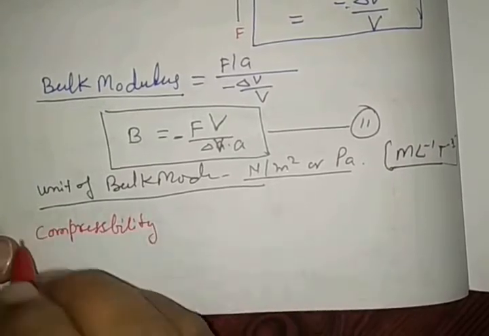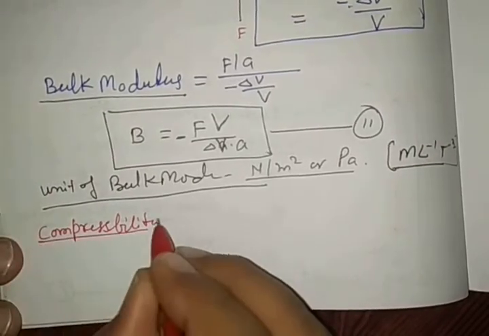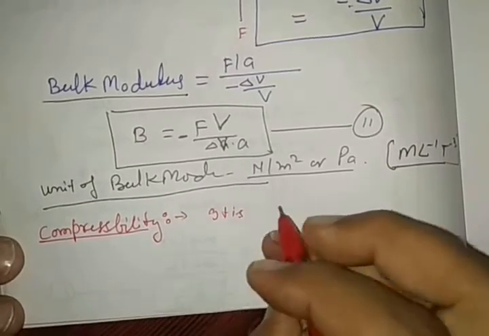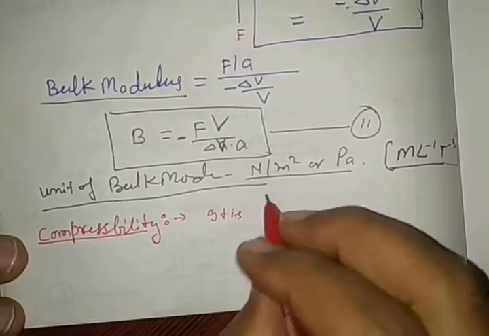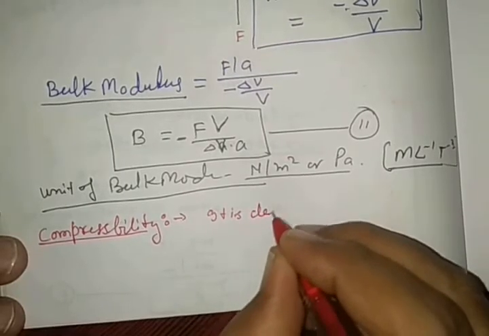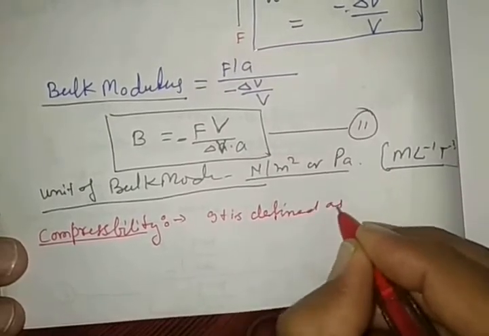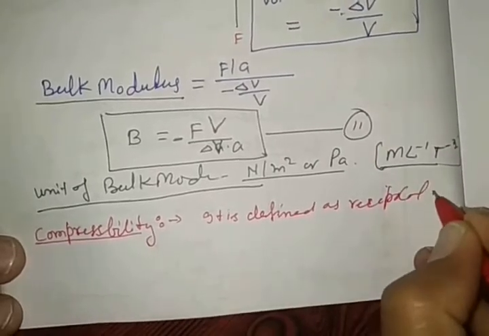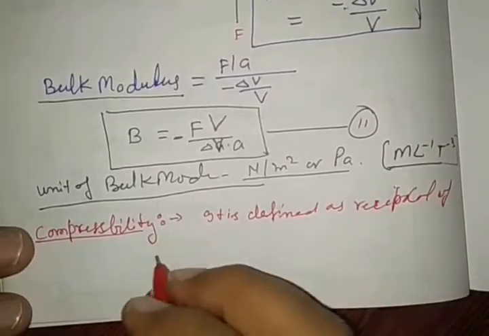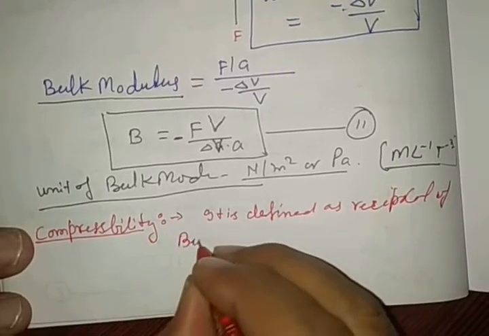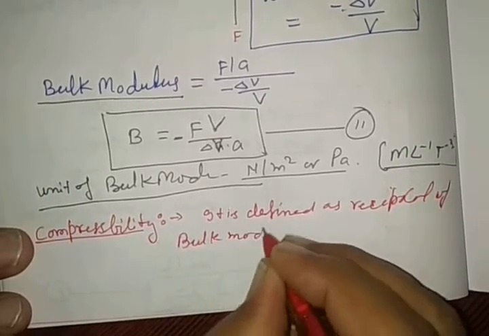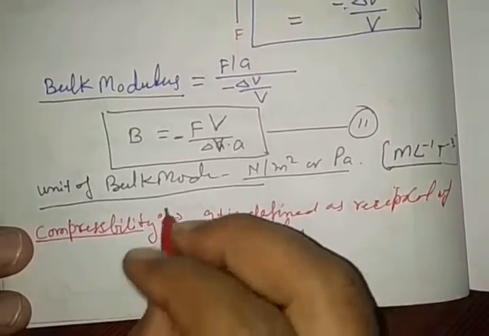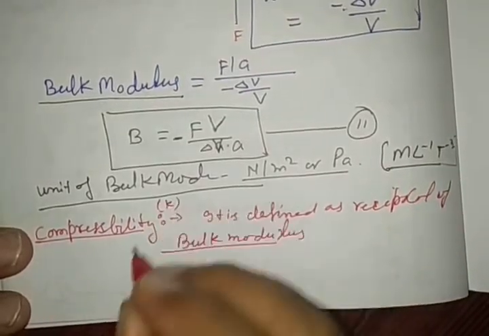Now, a small term, compressibility, we are going to see. It is defined as the reciprocal of bulk modulus. It is denoted by a small k.